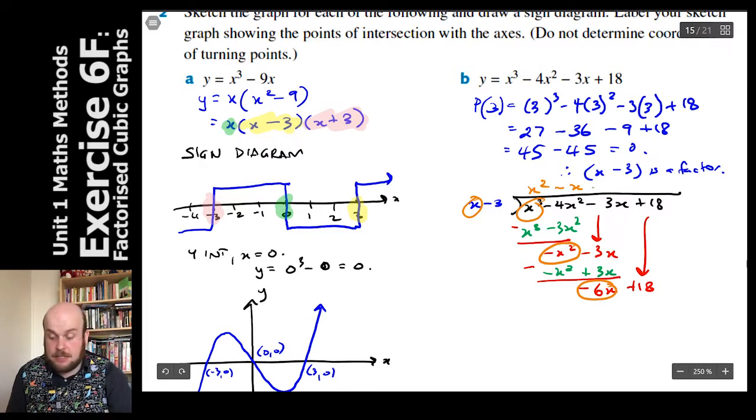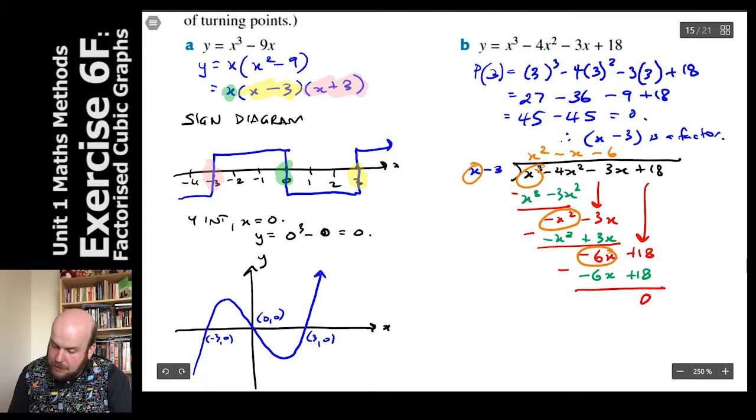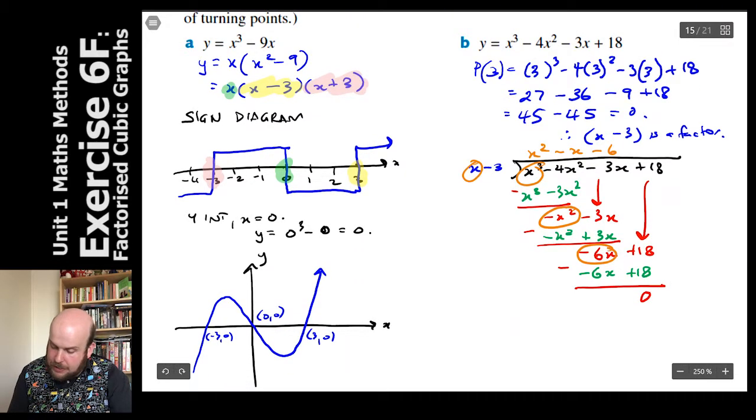Negative 6x divided by x makes that negative 6. And negative 6 times x is negative 6x. Negative 6 times negative 3 is going to make that positive 18. Minus that, we get 0. Fantastic.